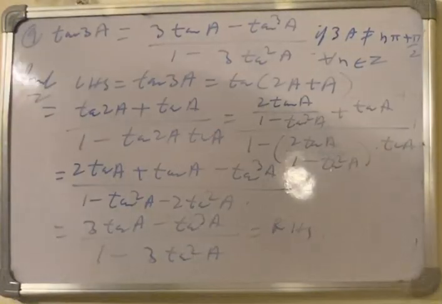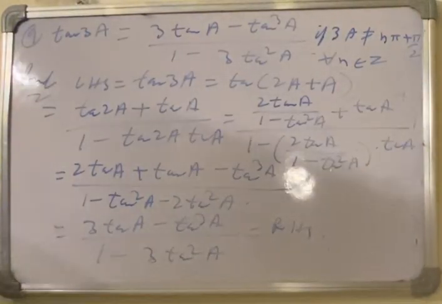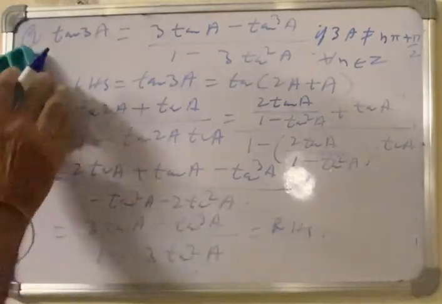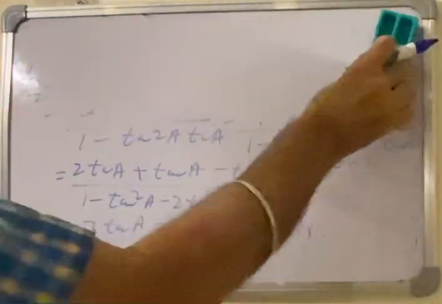So this is what we have taken: sin 2A, cos 2A, tan 2A, then tan 3A, sin 3A, cos 3A. We shall also rewrite the formulas that we have already done.